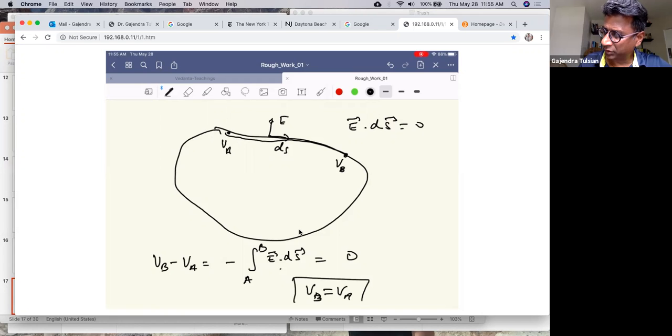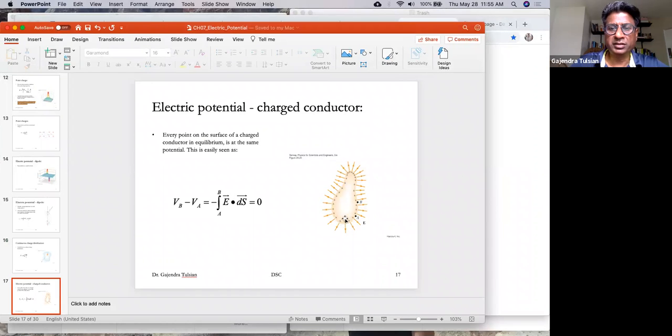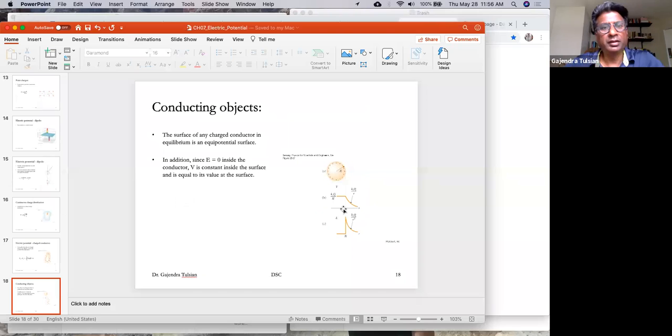The electric potential anywhere on the surface is equal to the electric potential at another point. So what this is saying is the surface of a conductor is an equipotential surface. And in fact, because the electric field inside is 0, it turns out that the entire solid is at the same electric potential. Okay. So the surface of a charged conductor is an equipotential surface.